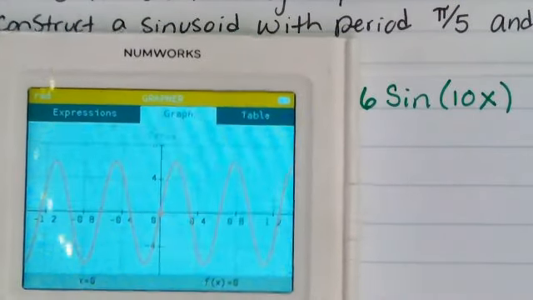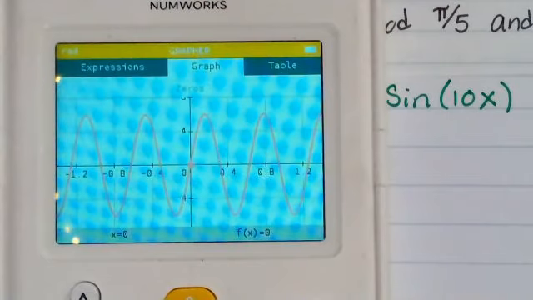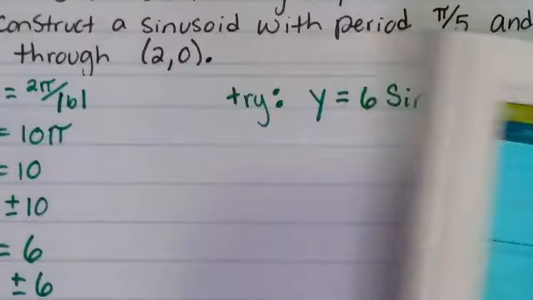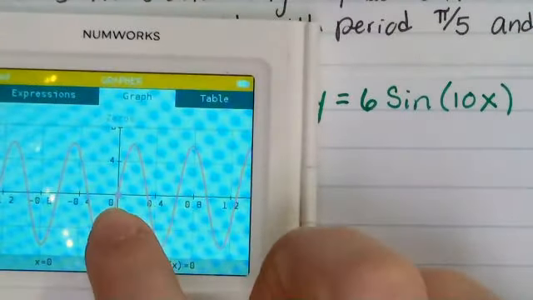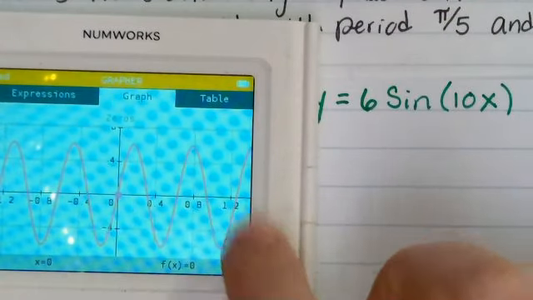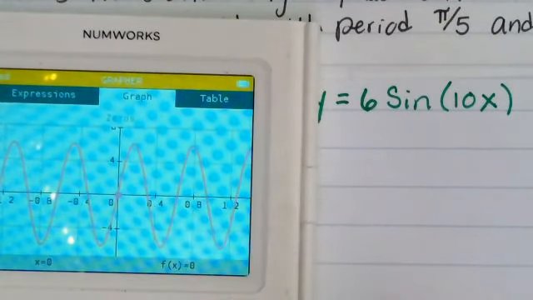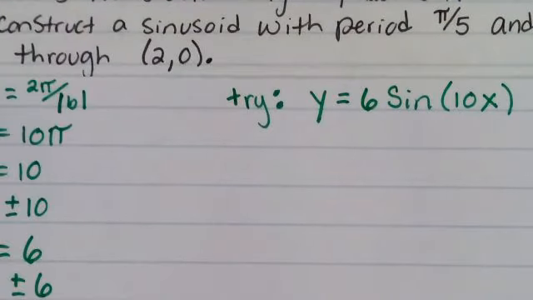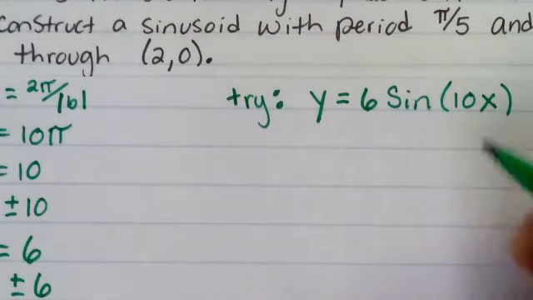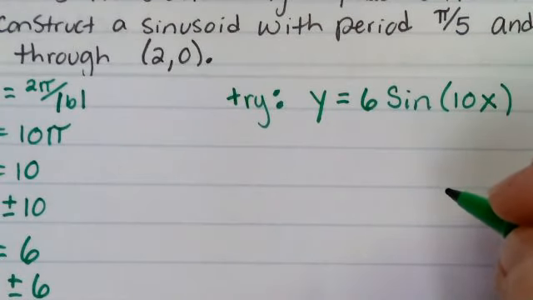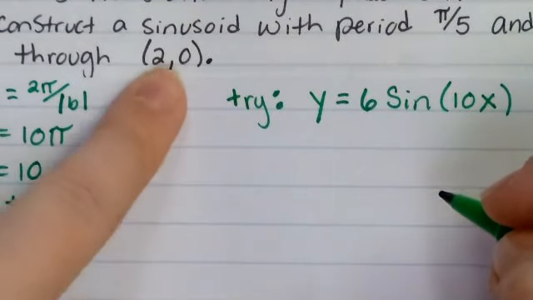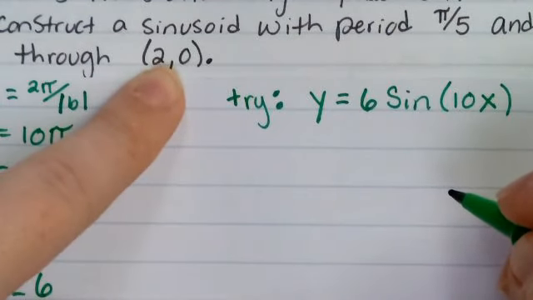And in order for me to show that it actually would go through the point 2, 0, I could scooch this thing over to the right 2 whole units. If this is going through 0, 0, and I needed it to go through 2, 0, let's look at it having a phase shift of 2 to the right. That will make it go through this point instead of 0, 0.